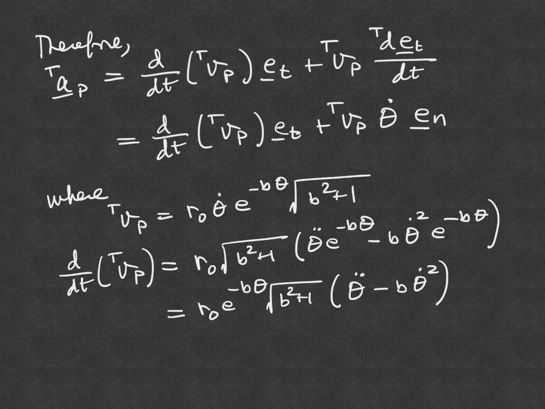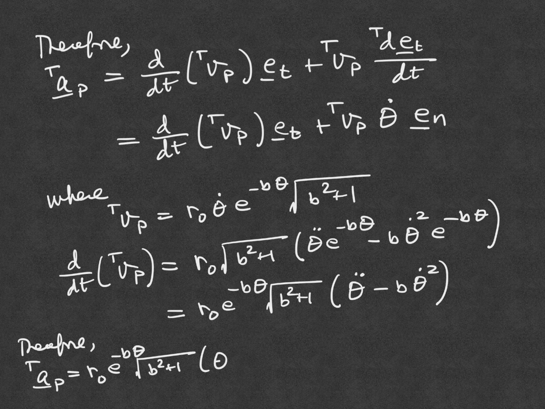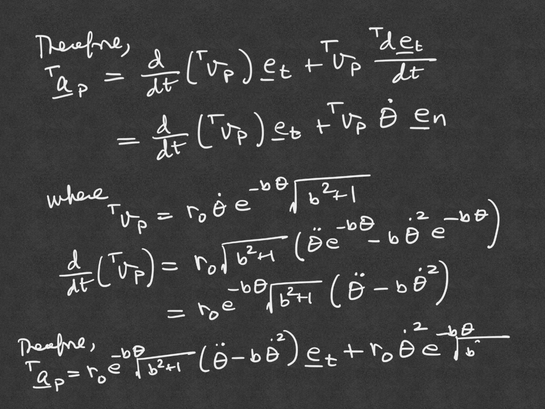If I write this whole thing out, I would wind up with the acceleration of p as viewed by an observer fixed to the track equal to r0 e to the minus b theta times the square root of b squared plus 1 times theta double dot minus b theta dot squared e_t, and then plus, if I substitute in, r0, then there's a theta dot times a theta dot, which gives theta dot squared, e to the minus b theta times the square root of b squared plus 1 times e_n.